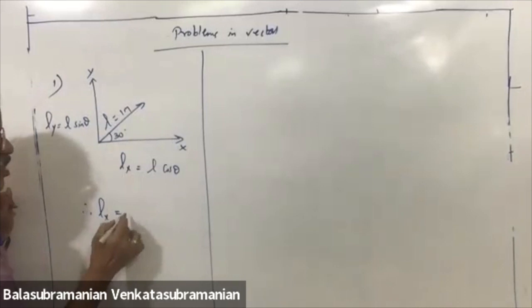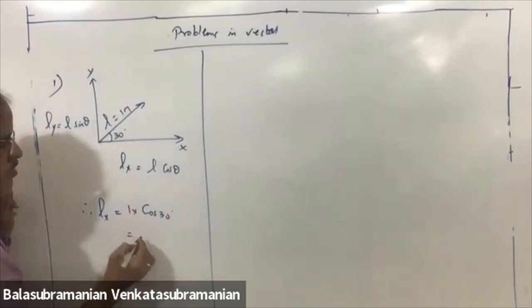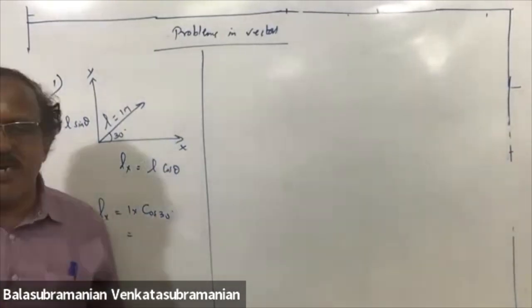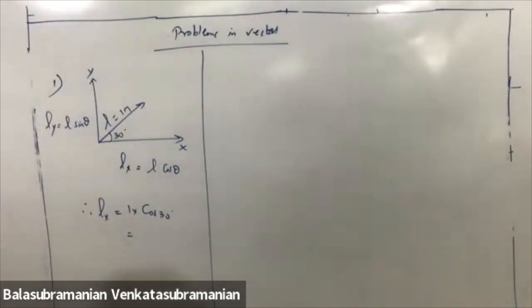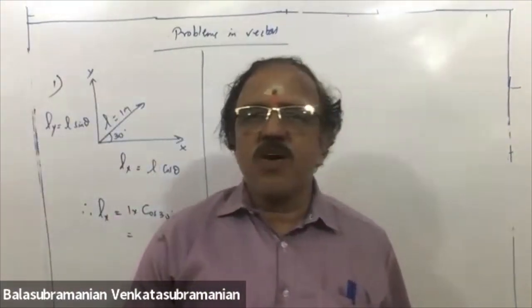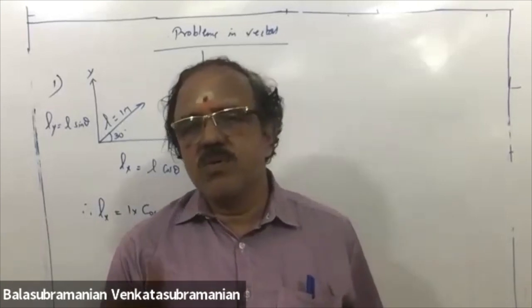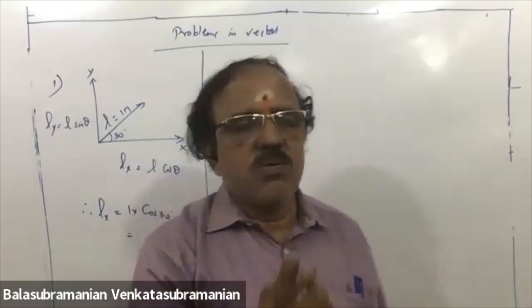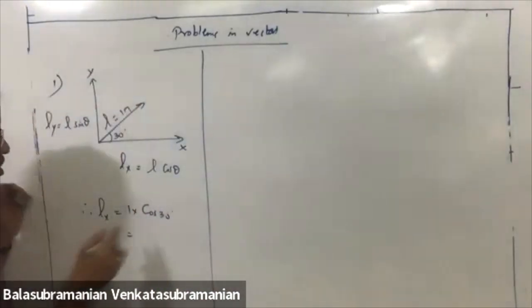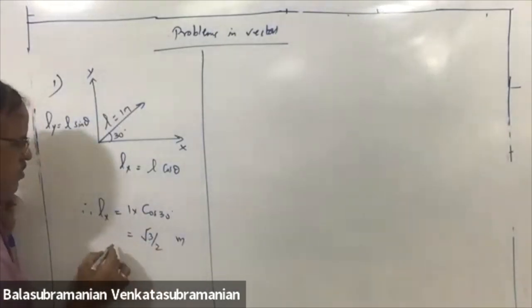What is L? 1 meter, cos 30. What is cos 30? Root 3 by 2. Cos 30, cos 45, cos 60 are root 3 by 2, 1 by root 2, 1 by 2. So this is root 3 by 2 meters.